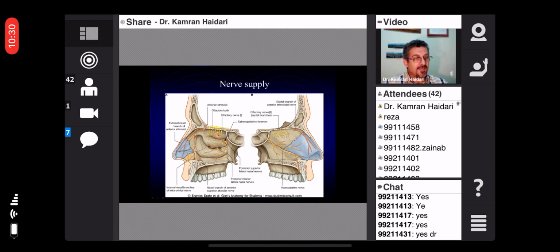Impulses are conveyed by the axons to the olfactory bulb, and this is the synapse for the next olfactory tract neurons, and it goes to the relevant area in the brain for perception of the smell. Okay.